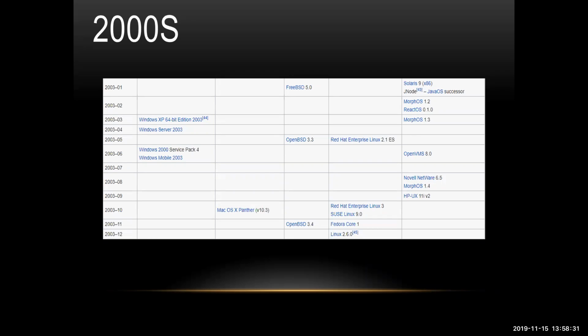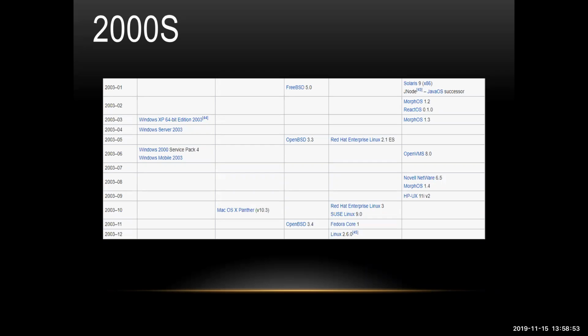We also had Red Hat Enterprise Linux 3, SUSE Linux 9.0, OpenBSD 3.4, and then Fedora Core 1, and then Linux 2.6.0 was released in December of 2003.